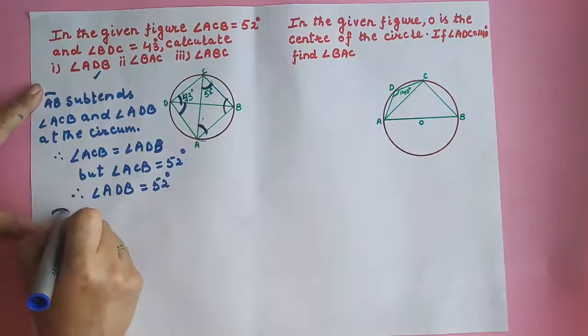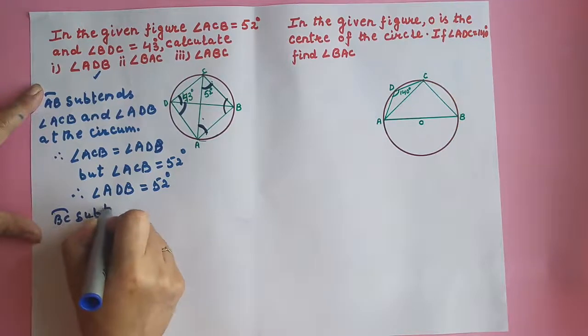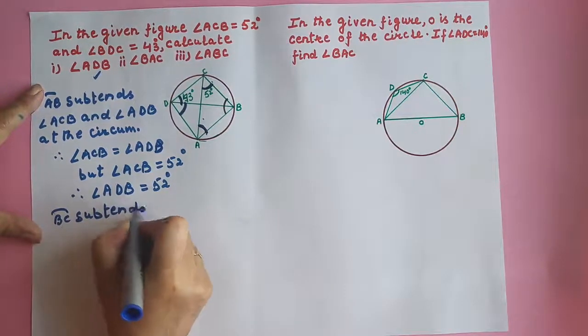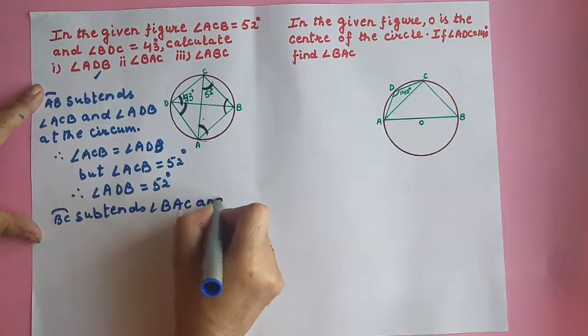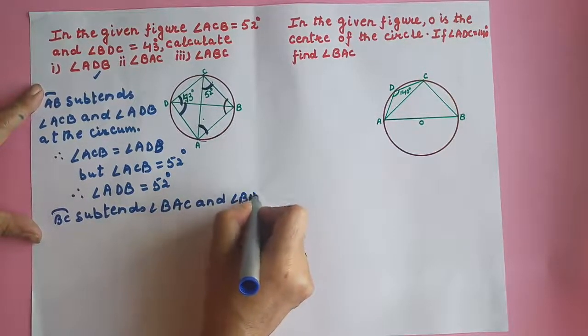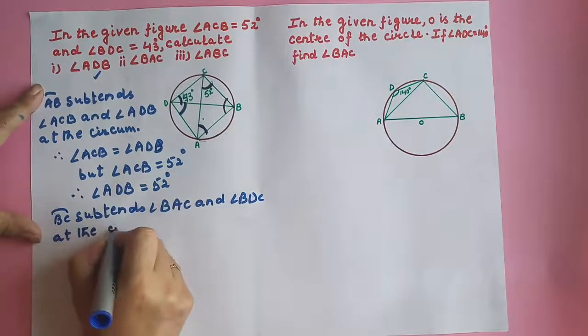This is also 43, right? So we will write: arc BC subtends angle BAC and angle BDC at the circumference.